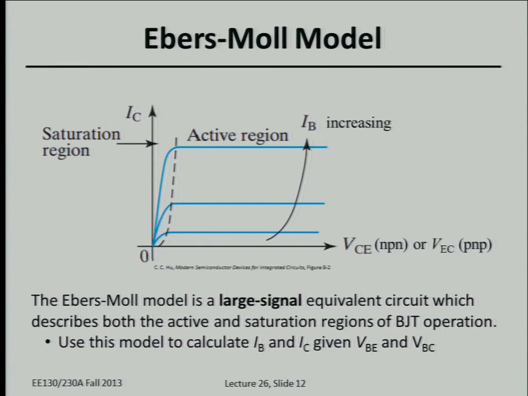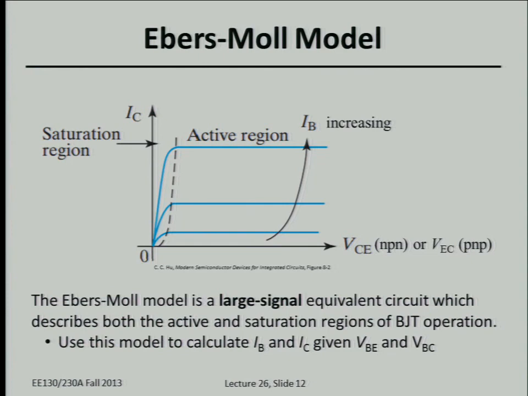But it is used simply to help you determine how the current in the transistor terminal depends on the applied voltage. The Ebers-Moll model tells you what IC is and what IB is, and therefore if you know IC and IB, you know IE. So it gives you equations for IC and IB as a function of VB, VC, and VE.